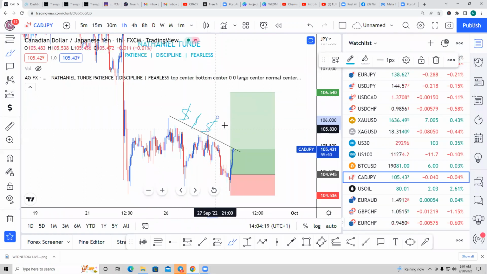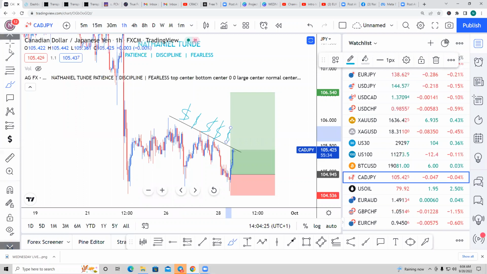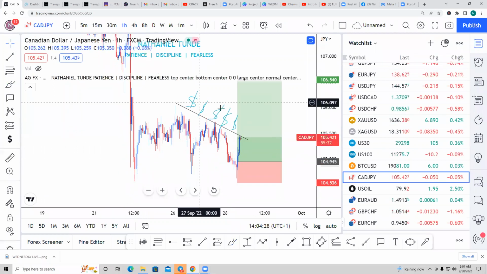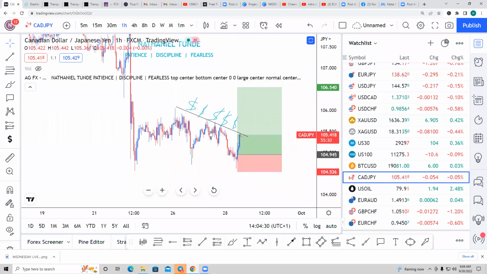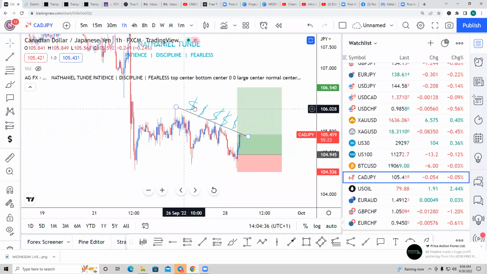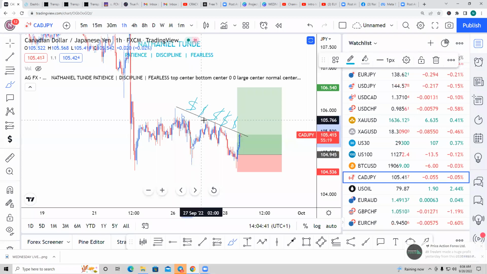So that liquidity must be cleared. For the sake of those who do not understand what we mean by liquidity, in this scenario it is just all the buy stops that are here. All those buy stops are stop losses for somebody who is selling right here.